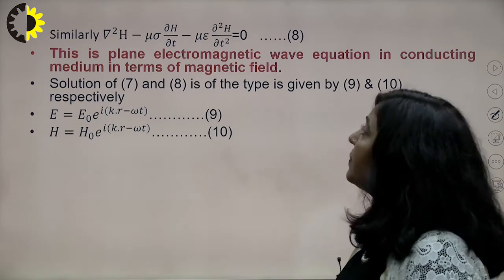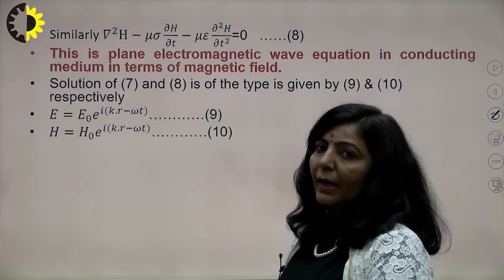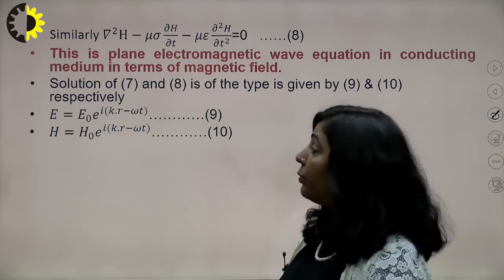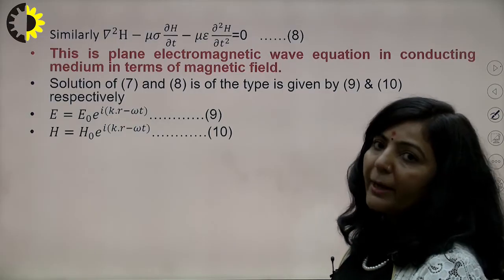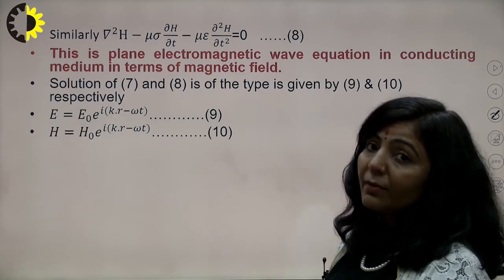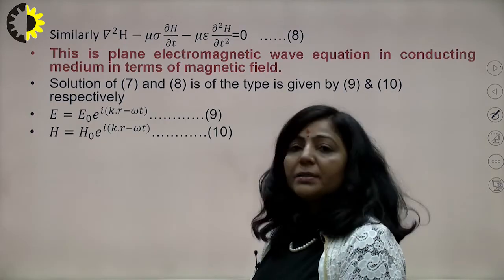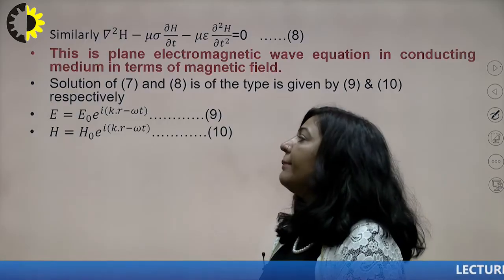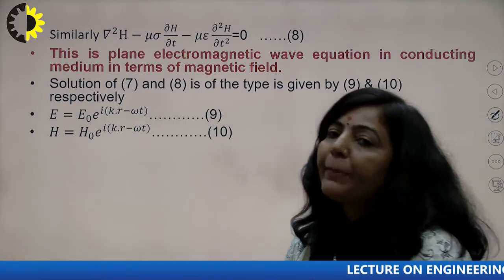So the solution of 7 and 8 will be of this particular type. I hope you remember how you are getting this solution of 7 and 8, since these are second order partial differential equations representing wave nature. So the solution will be like this, where E naught is the amplitude of electric field, H naught is the amplitude of magnetic field, k is the propagation vector, omega is the angular frequency.